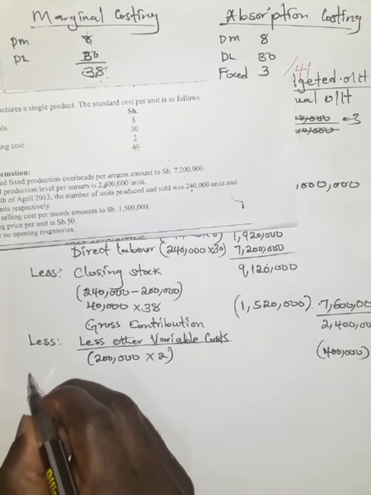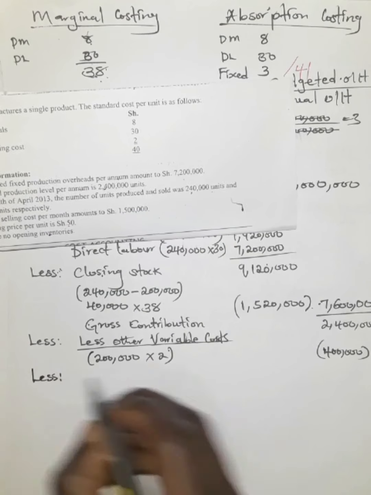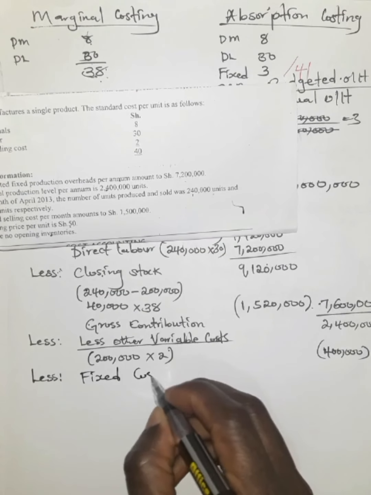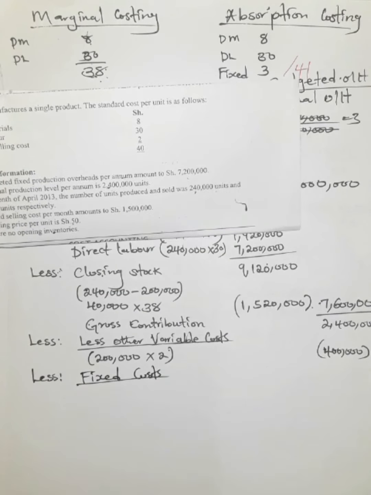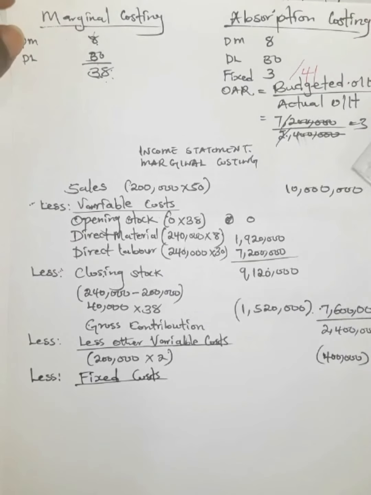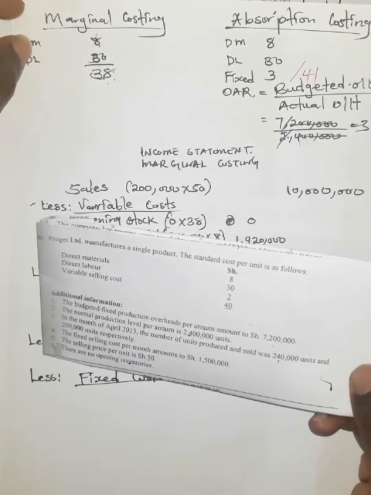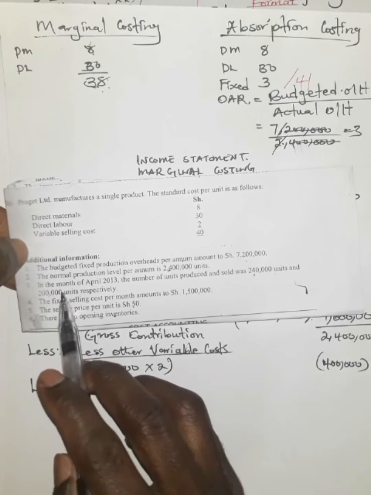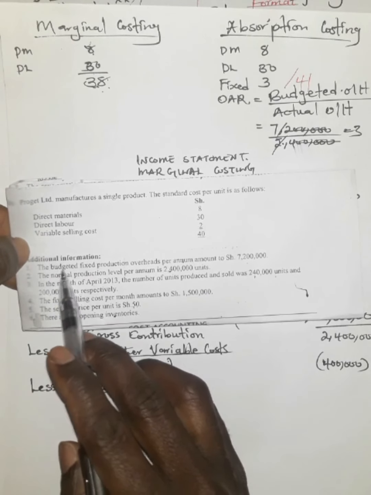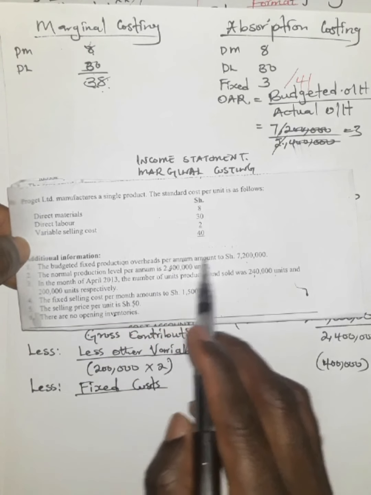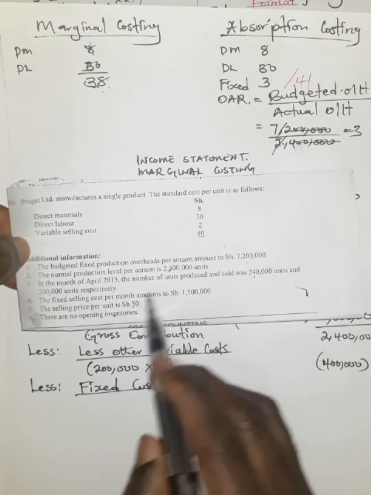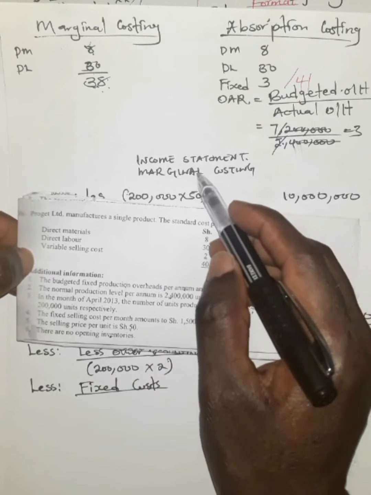So if we go further, now less the fixed cost, and our fixed cost in this case are given as an example. You're told that the budgeted fixed production overheads per annum amounted to 7.2 million. And remember, we are talking about income statement for the month of April.